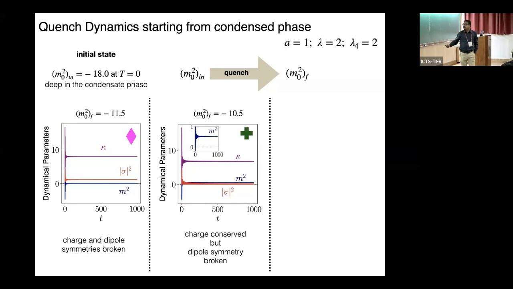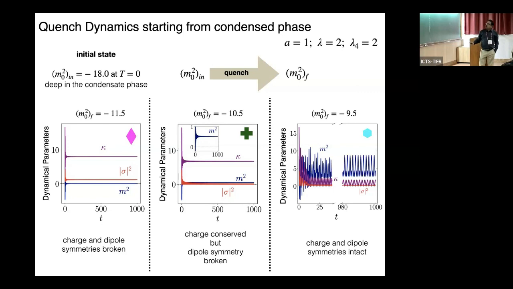But you see the kappa has a very large steady state value. So I have a gap, but then I have a dispersion above that gap, which means my dipole symmetry is now broken, although I have no condensate in my system. So this is not a state I saw in my equilibrium phase diagram. It appears only when I go to non-equilibrium, quench, and look at the steady state after that quench.